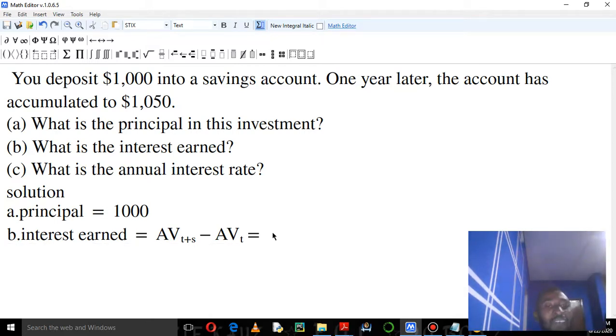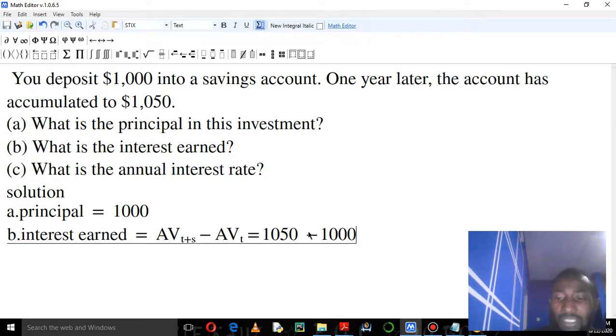And our accumulated value at the end of the period, AV subscript t plus s, is $1,050. So here our interest earned will be 1,050 minus 1,000, which is equal to 50. So our interest earned is 50.